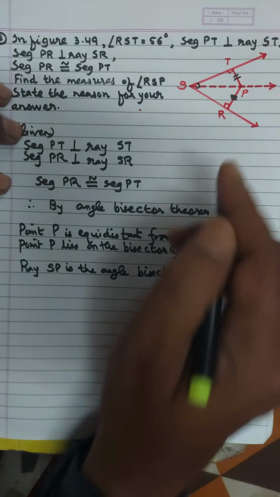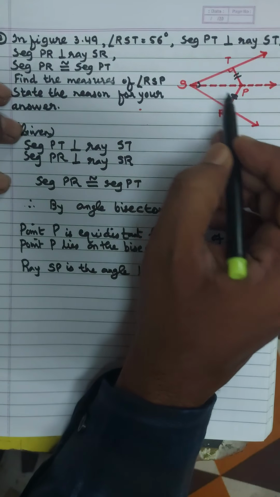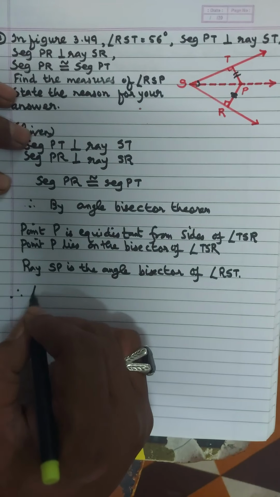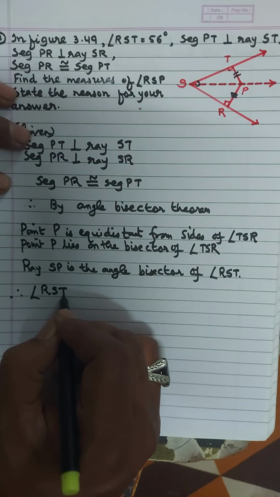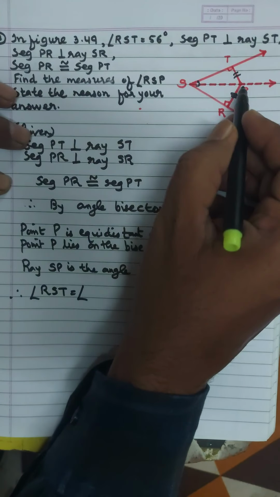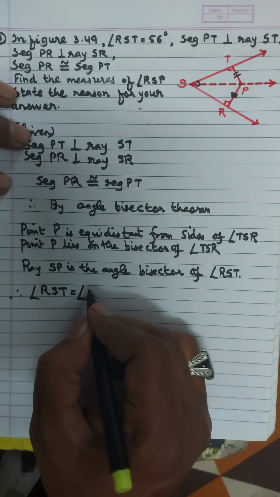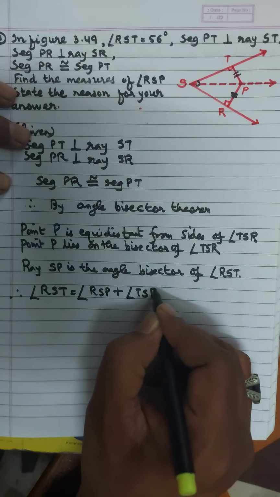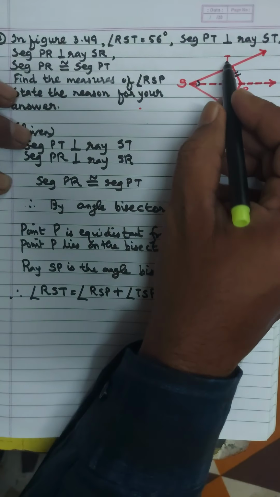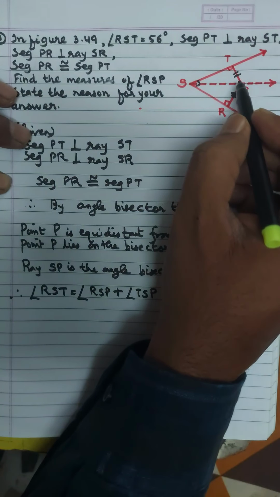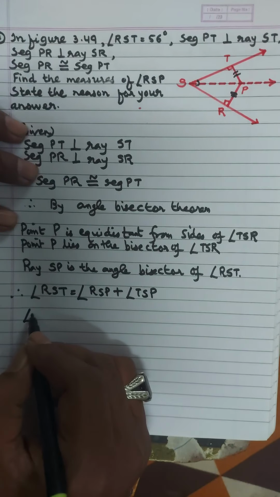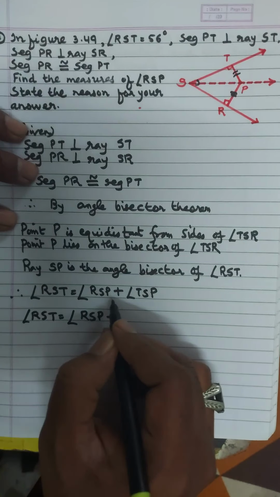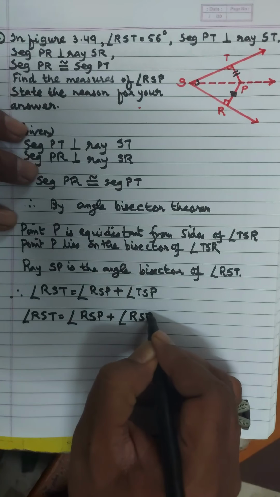Now see here, in angle RST we have two angles: one is RSP and the other is TSP. So angle RST is equal to angle RSP plus angle TSP. But TSP and RSP are equal angles, so we write angle RST is equal to angle RSP plus angle RSP, in place of TSP.